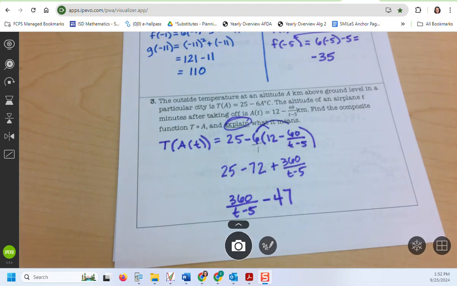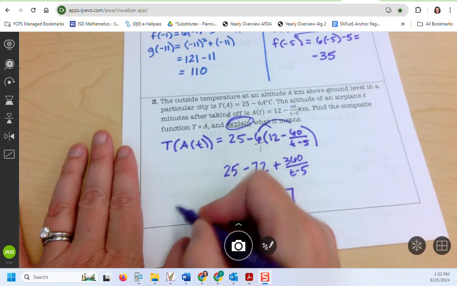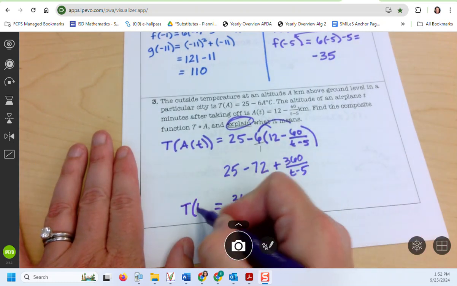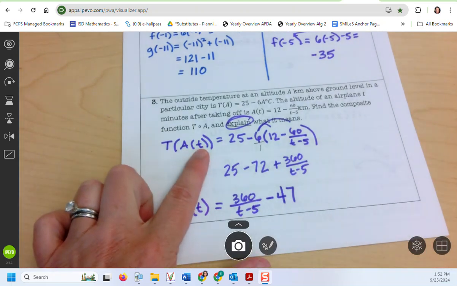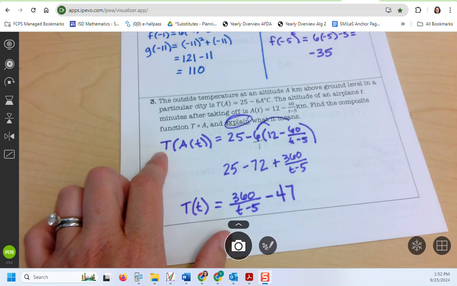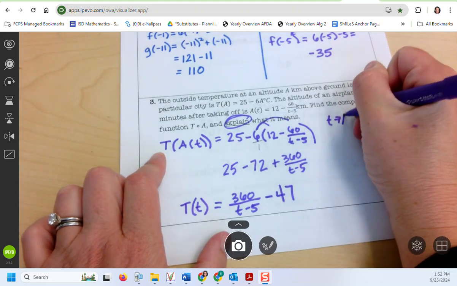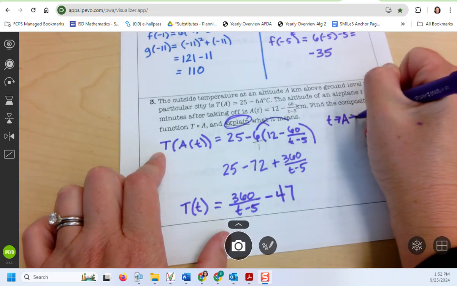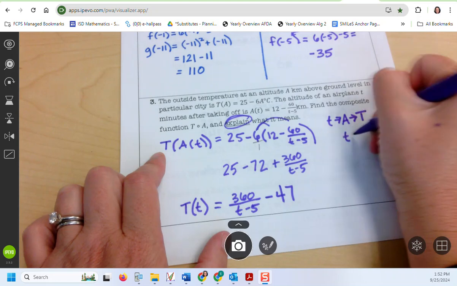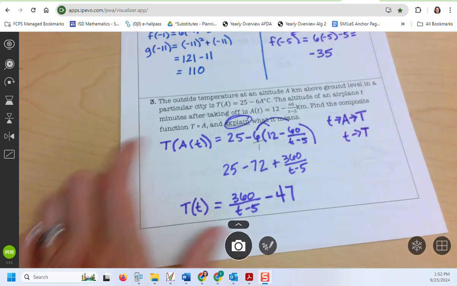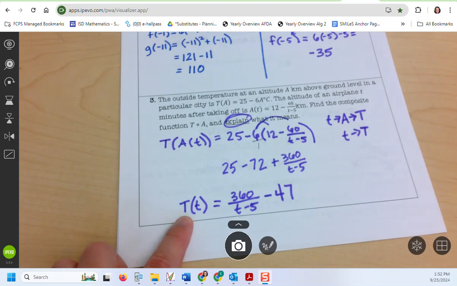Okay. This will simplify to big T of little t, because little t is your first input, and then big T is your final output. What's really happening here is little t goes into function A, and then function A goes into function big T, and that can combine so that you have little t goes to big T. So what we're finding is big T. What does big T stand for?